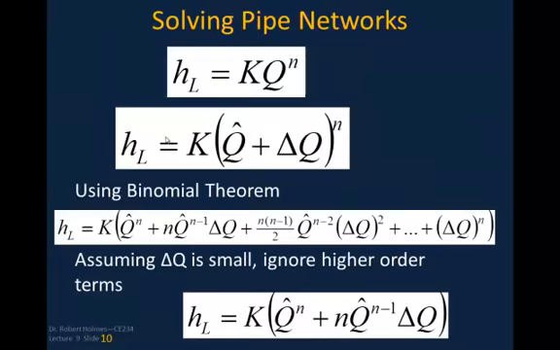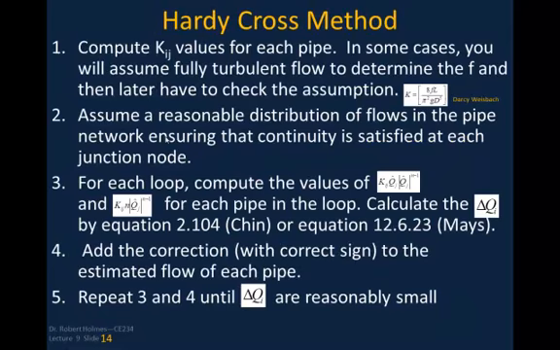Okay, so let's go back to our cookbook of the method. That's part 2, and then part 3. For each loop, I'm going to compute the values of K times Q hat times the absolute value of Q hat to the n minus 1, noting that if I've got flow going in the clockwise direction, that's a positive Q hat.